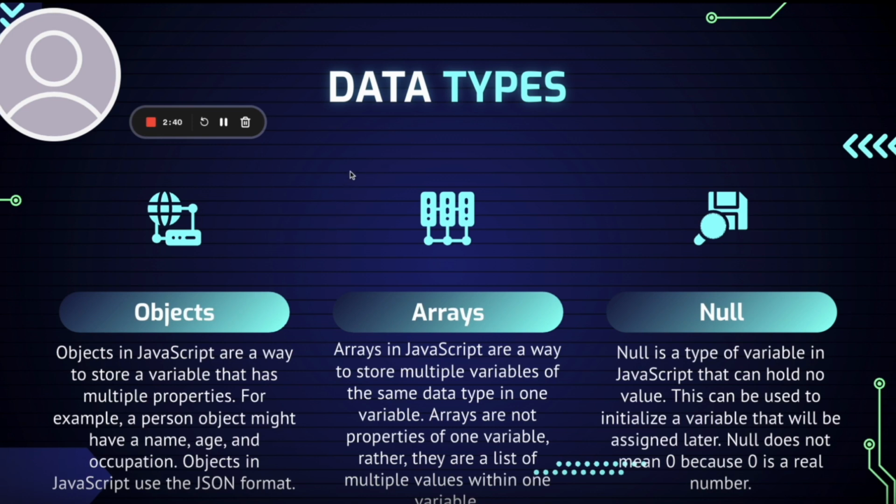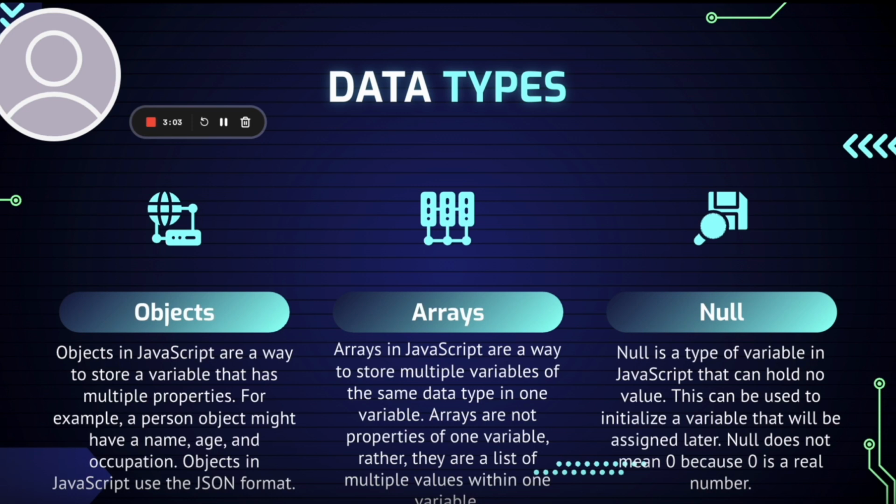So the three other data types in JavaScript are objects, arrays, and null. Objects in JavaScript are a way to store a variable that has multiple properties. For example, a person object might have a name, age, and occupation, and these objects use the JSON format. Arrays are a way to store multiple variables of the same data type into one variable.